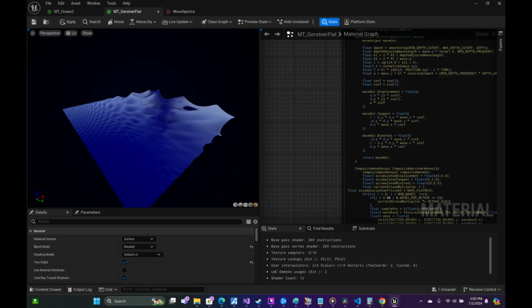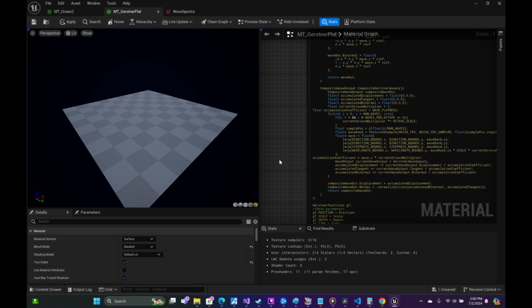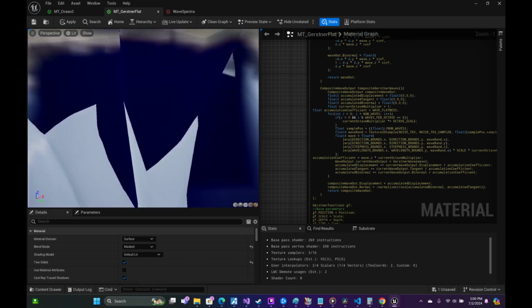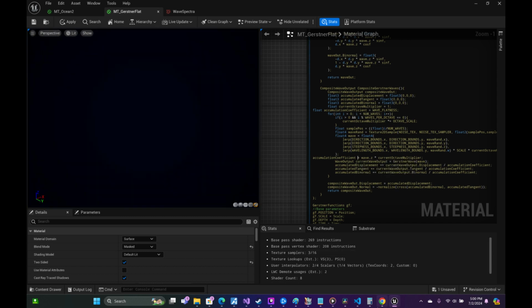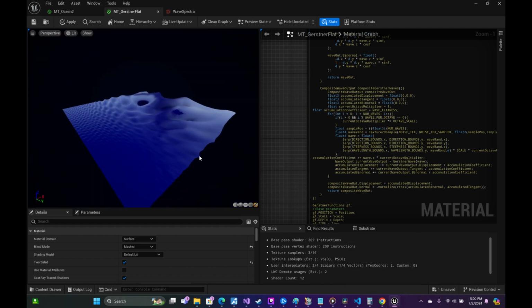Yeah, so definitely there is an accumulation here.